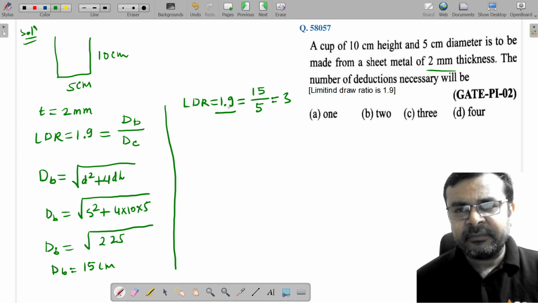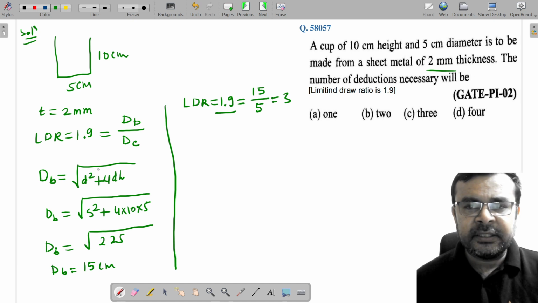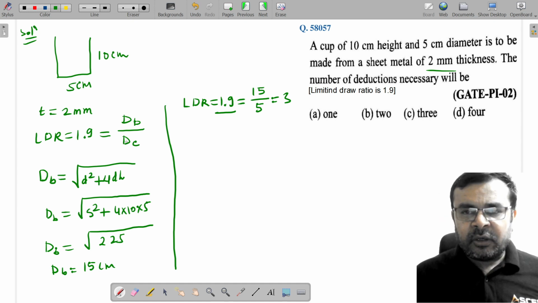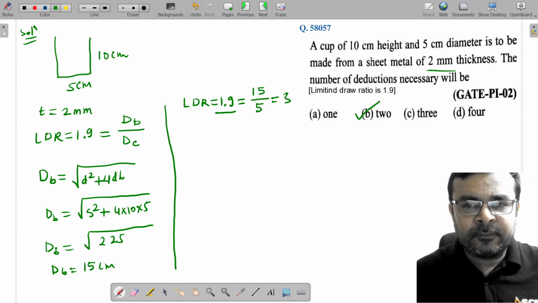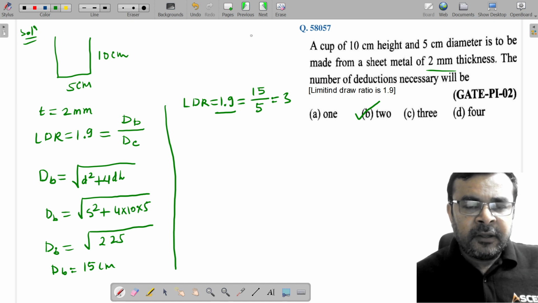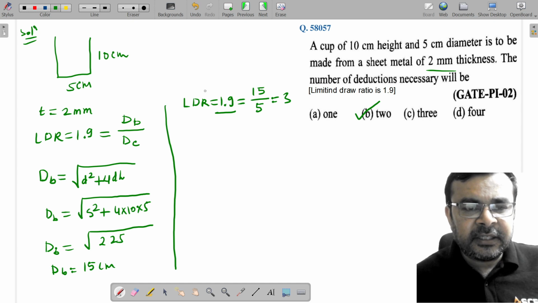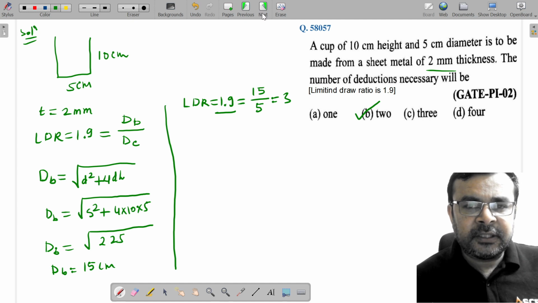If the diameter of the blank is 1.9 times the diameter of the cup, then it can be drawn in one stage. So here we need at least 2 stages, because this ratio is 3, which is greater than the limiting value. So at least 2 reductions are required.